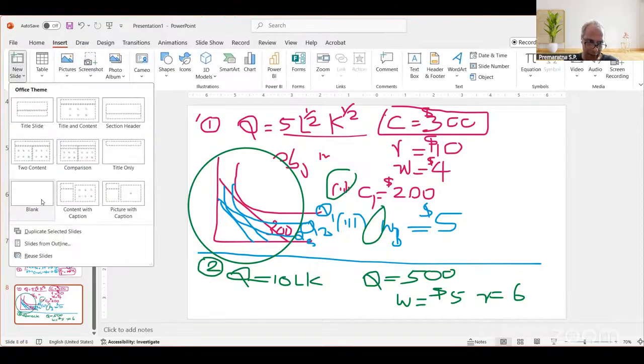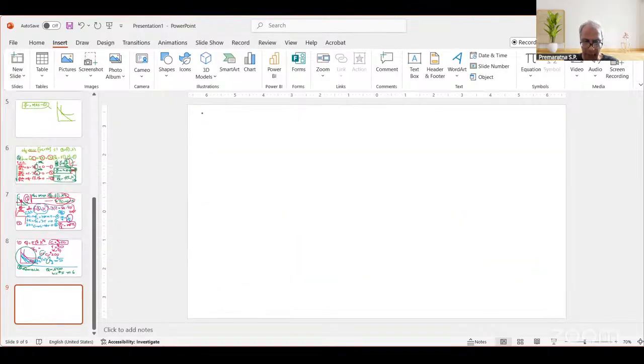I hope now you can see what I am doing. Now, how to derive the input demand function?